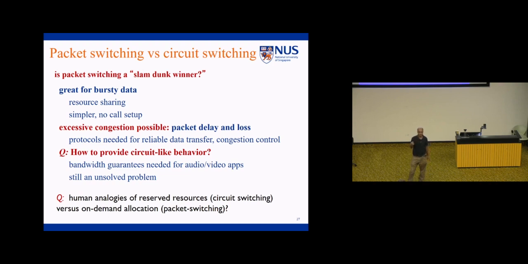And traditional wired telephones were always circuit switched. But the data part of the internet was always packet switched. Even now, all the voice has switched over to packet switching. So at least in the commercial world, in the day-to-day commercial activities, circuit switching is not used. It's all packet switch based.